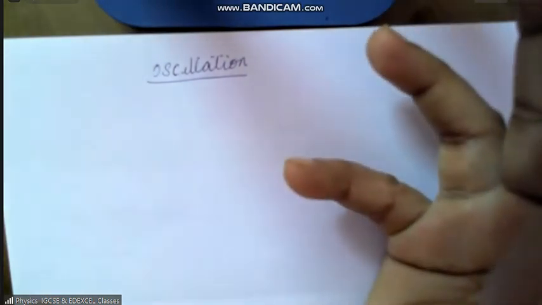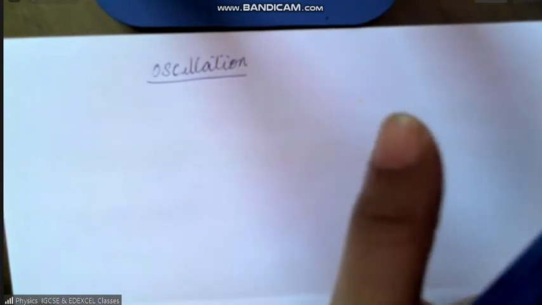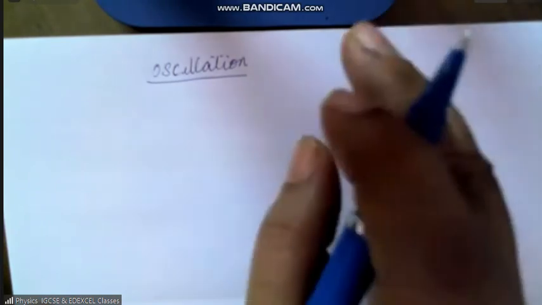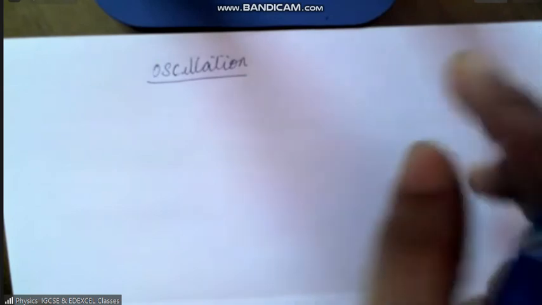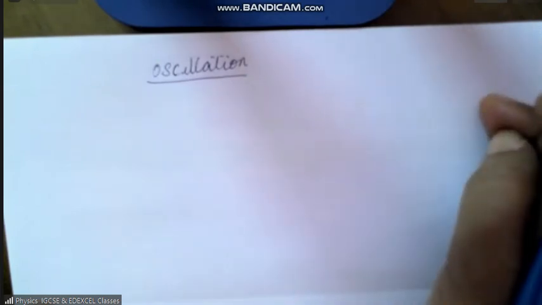What is an oscillation? Any periodic motion is called an oscillation. What do you mean by periodic motion? Periodic motion is something which gets repeated regularly.